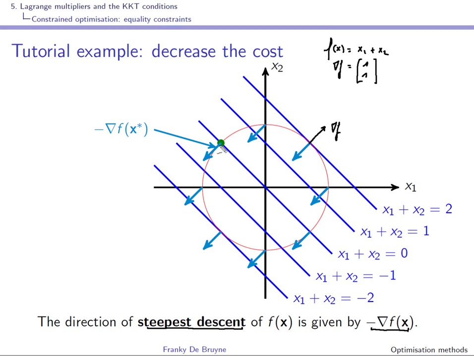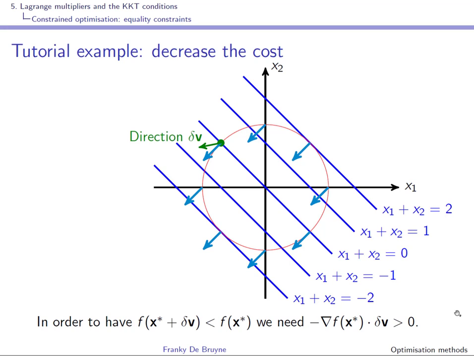And indeed, in our feasible point x star, the direction of steepest descent is given by this vector over here that corresponds to minus the gradient of f. Notice that the gradient is indeed perpendicular to the level curves, and in this case these level curves are level lines. Well, notice that the direction delta v is also a direction of descent.